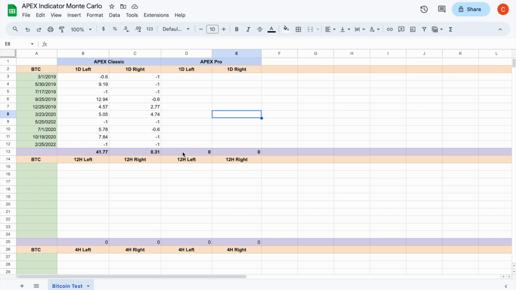Yeah, it's 42.08. So that alone will make you enough money to pay for the script. Just keep it in mind. So 20 trades, working out pretty good. You tell me if that's good, and I'll keep going with this.